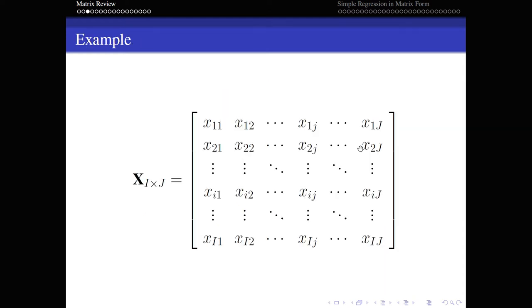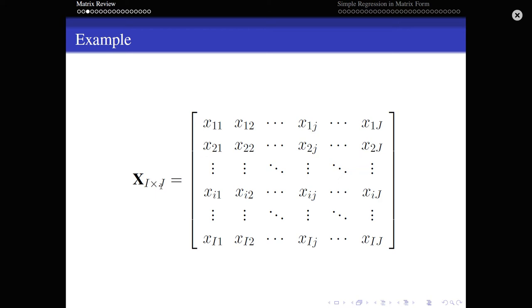All right, so for example, X sub ij, capital I, capital J, is a matrix with capital I rows and capital J columns. I won't do this for all of the matrices because for a lot of the matrices that we use, we do know the dimensions. But in capital bold matrix notation, the subscript represents the total dimensions of the matrix.